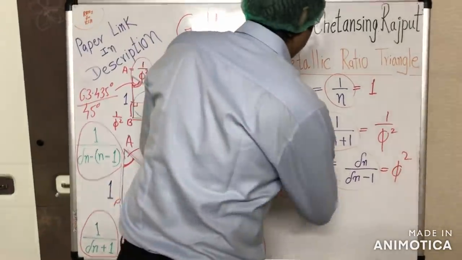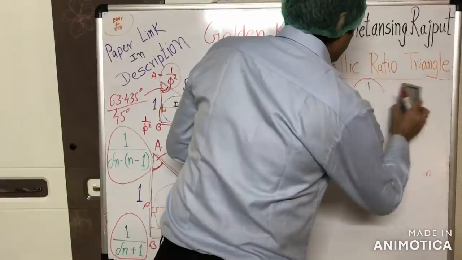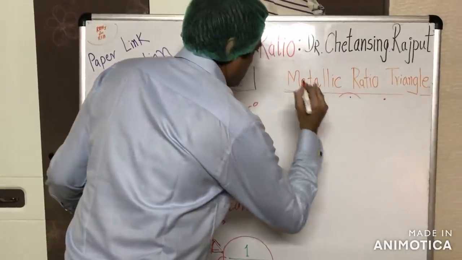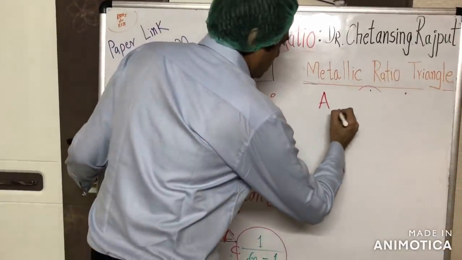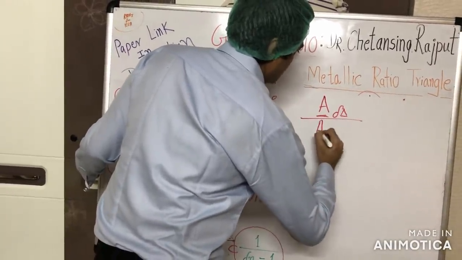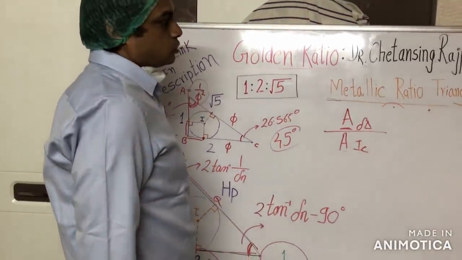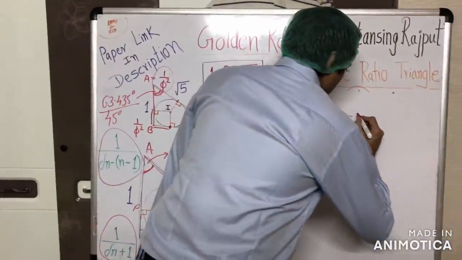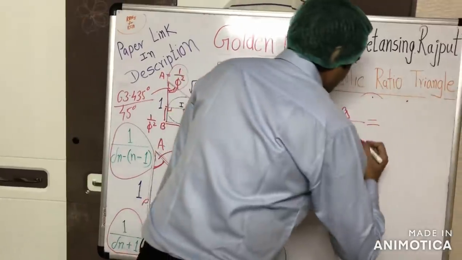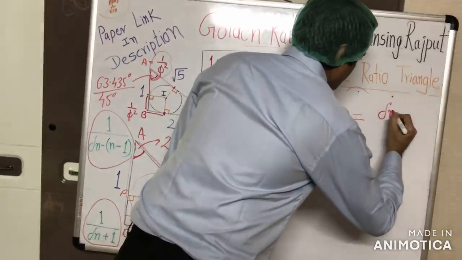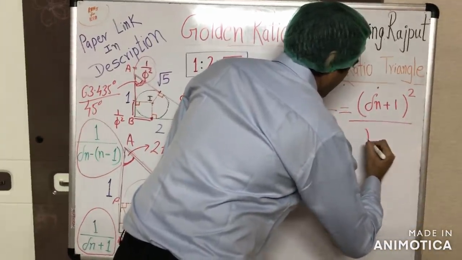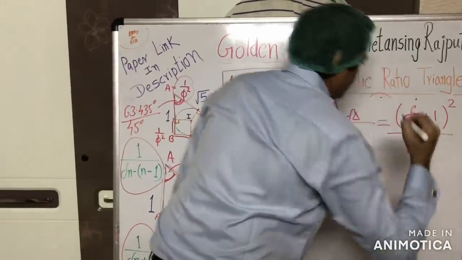And more interestingly, the ratio between the area of that particular metallic ratio triangle upon the area of its incircle can also be represented by a generalized formula. It is precisely equal to the square of metallic ratio plus 1, upon n times the value of pi.